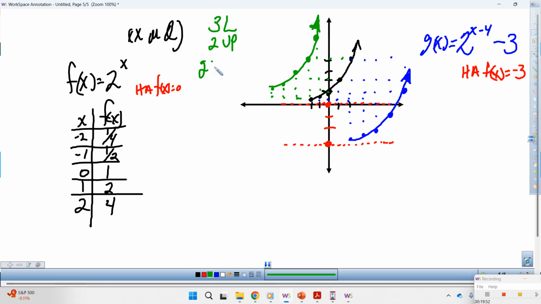And write your new function, base 2. We moved it 3 to the left and 2 up. All right, show your neighbor your new function.